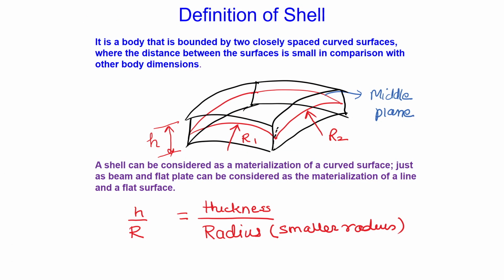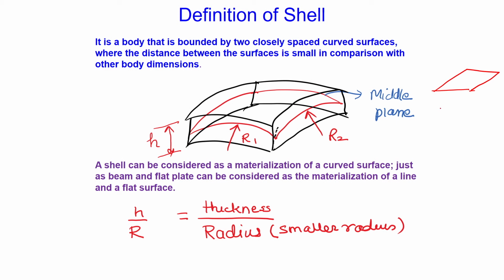So, let us come to our topic: how do you define a shell? Sometimes students are confused about the difference between plate and shell. Mathematically we say both are two dimensional or three dimensional bodies.